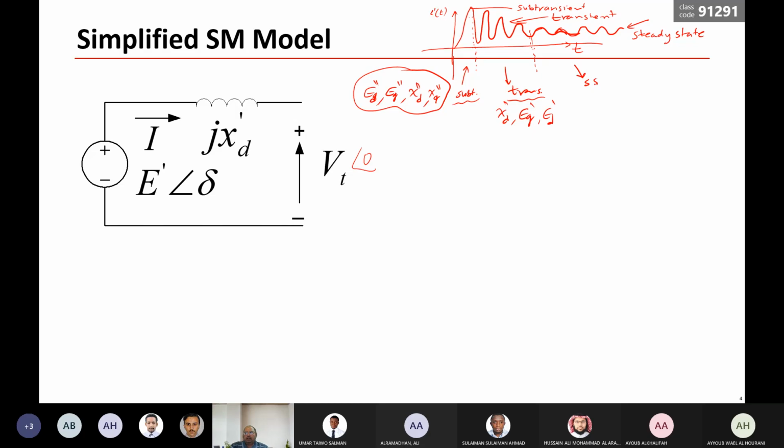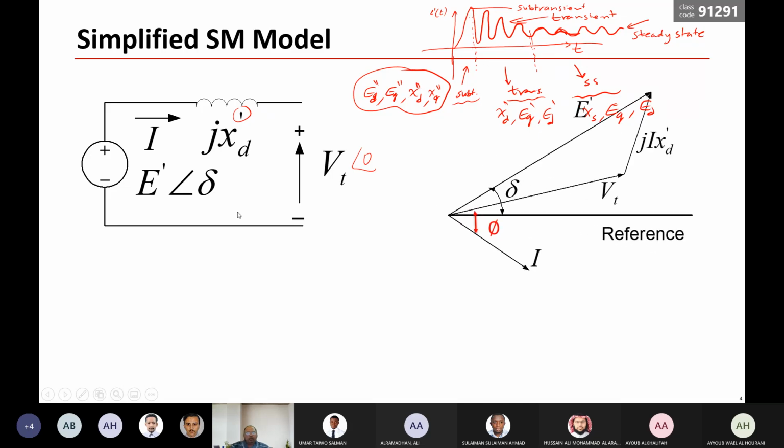And this is the steady state: you have X synchronous, EQ, or ED if you have ED. So the prime refers to the transient period. At steady state, it will be X synchronous, or XD double prime for the subtransient period.